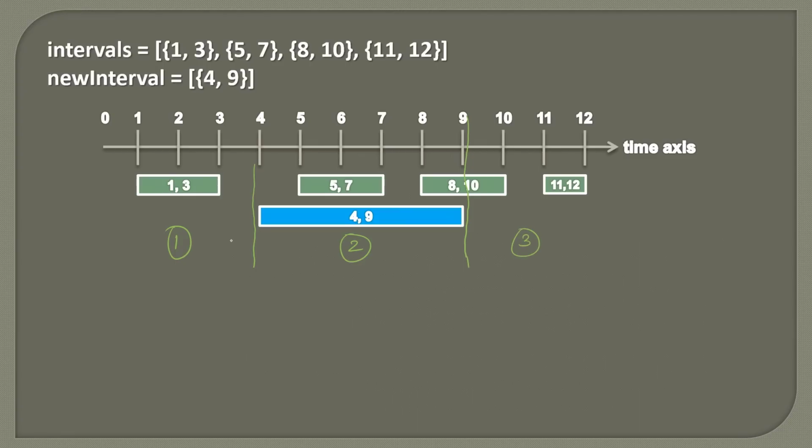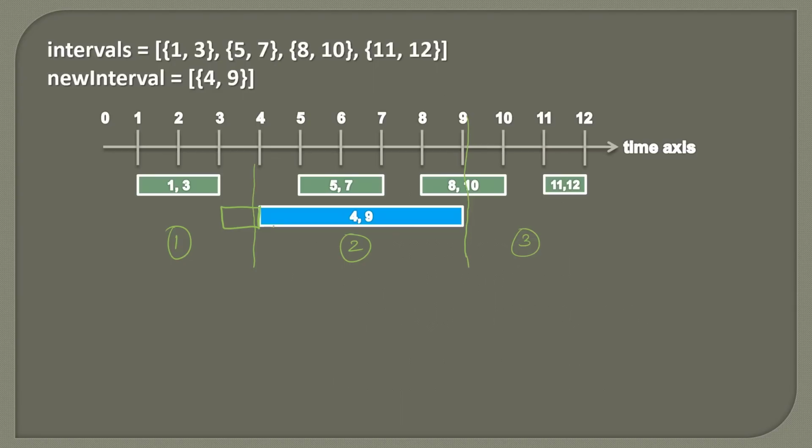So here we are taking region 1 as just before 4, not even equal to 4, and region 3 as just after 9, not even equal to 9, because if any interval touches this boundary like this, then they also need to be merged because they are overlapping with each other.